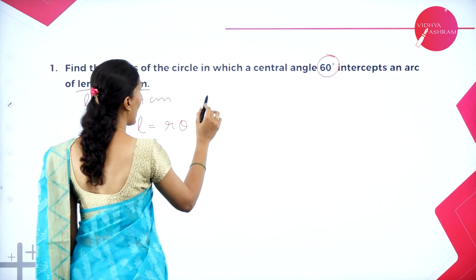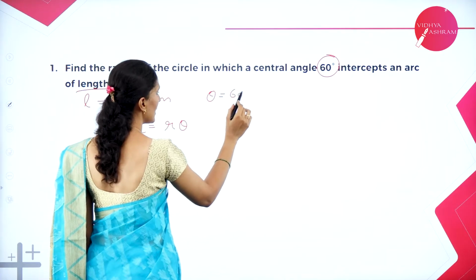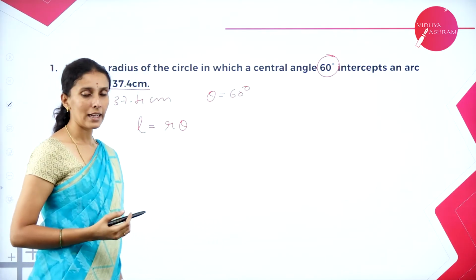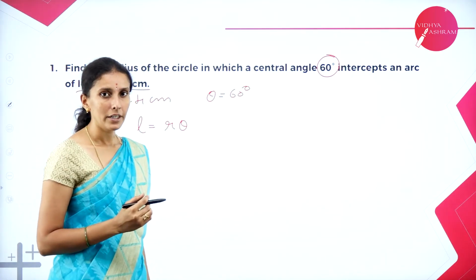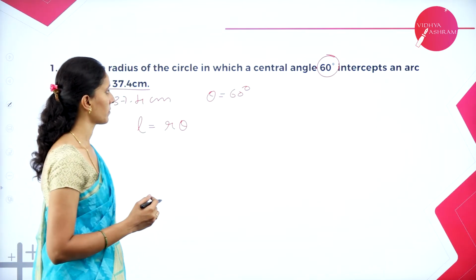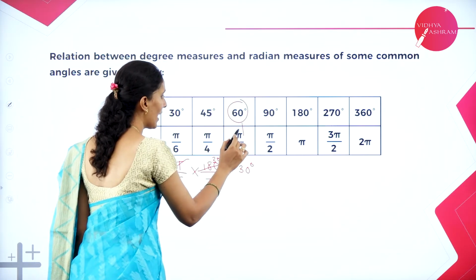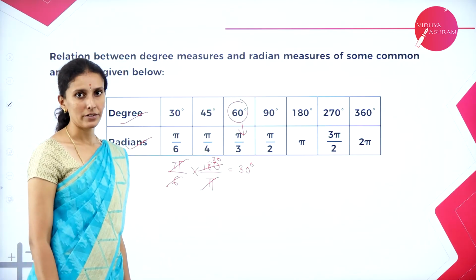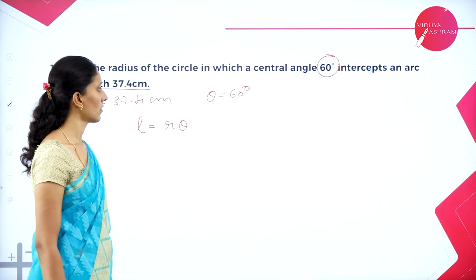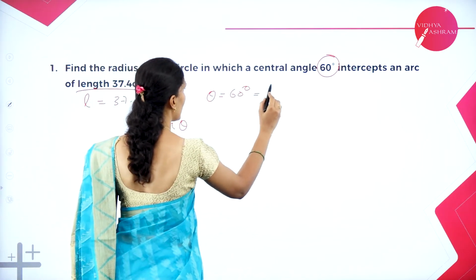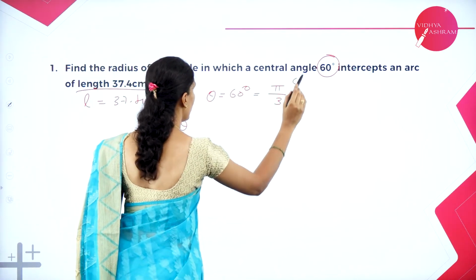Next, they have given the angle theta as 60 degrees. I said whenever you have an angle in terms of degrees, convert it into radians. So for 60 degrees, you can directly write the value as pi by 3 radians.